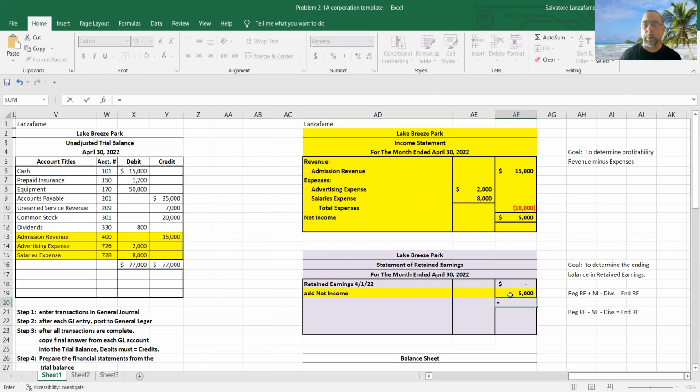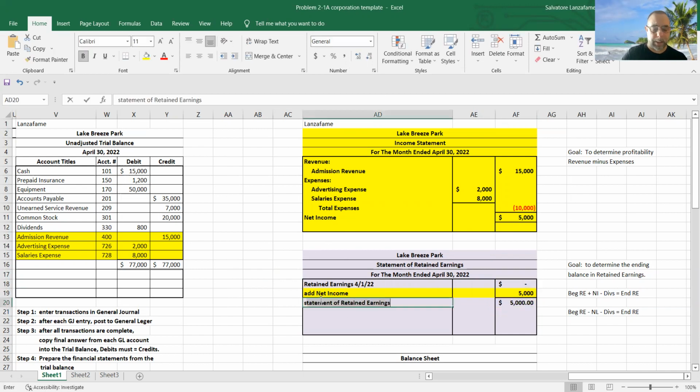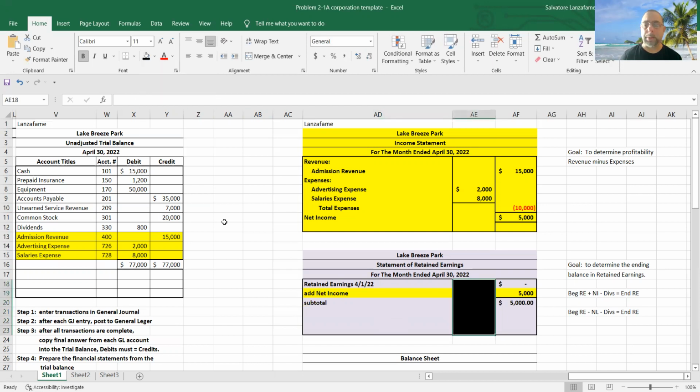So 0 plus $5,000 is $5,000. And we don't have a fancy name for this, so we just call it subtotal. By the way, we're not even going to use this first column in this document. So we're doing a one column presentation of the retained earnings.